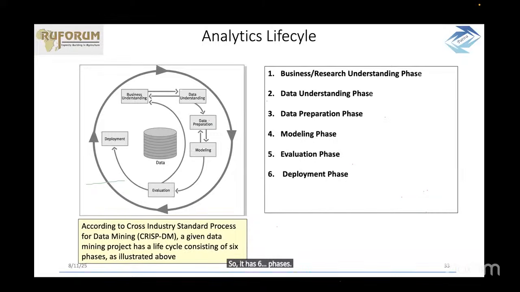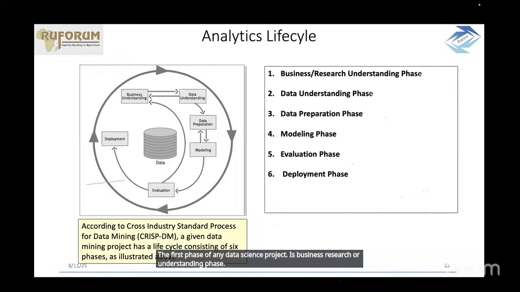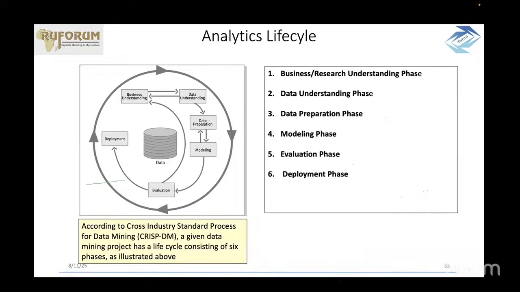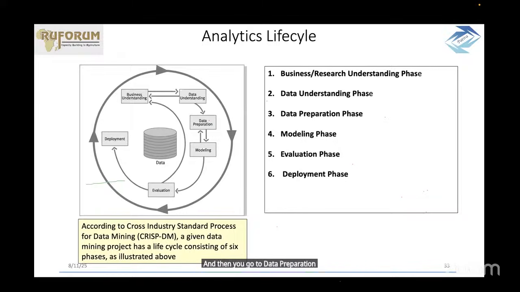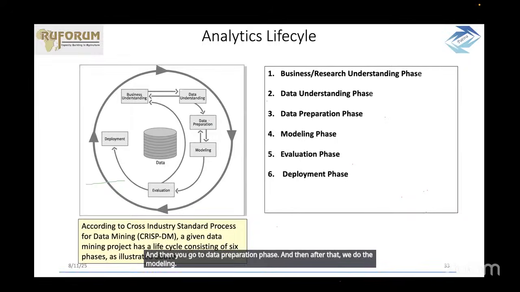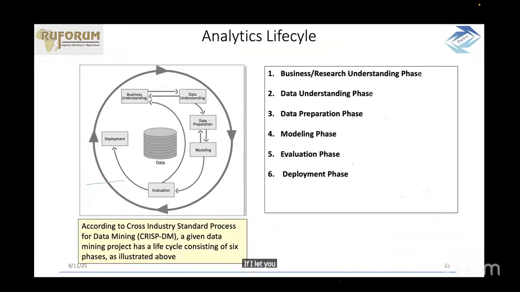The first phase of any data science project is the business understanding phase. The second is the data understanding phase; you have to understand the data. Then you go to the data preparation phase, and after that, you do your modeling. Then you evaluate your models, and then you deploy.